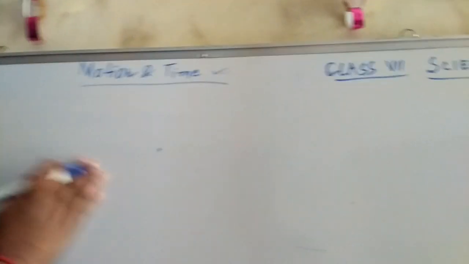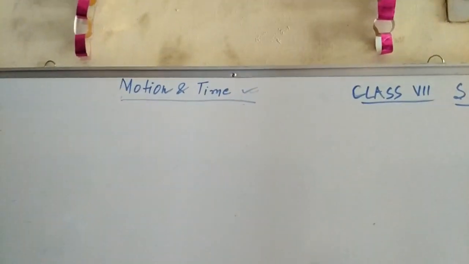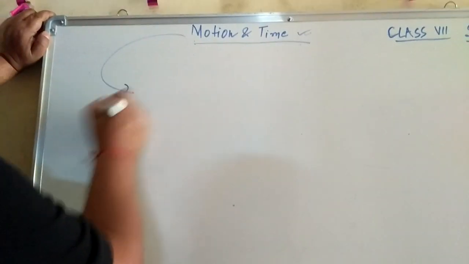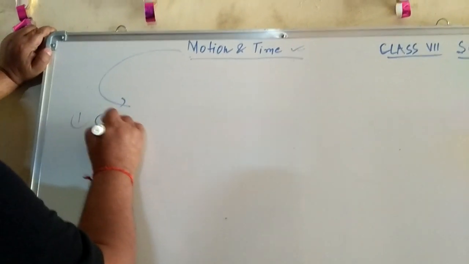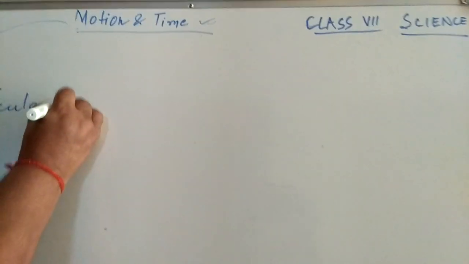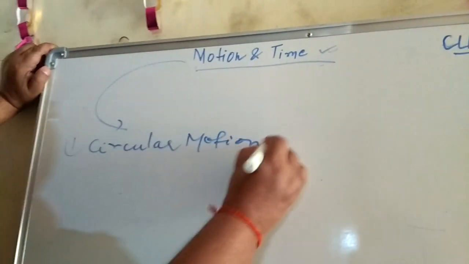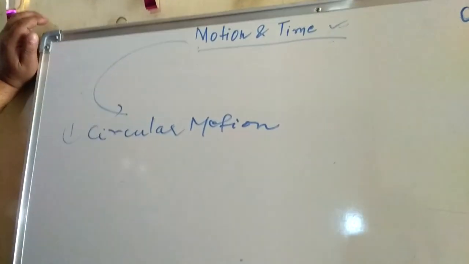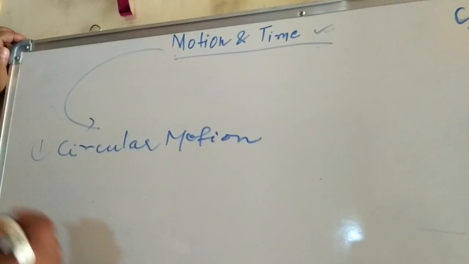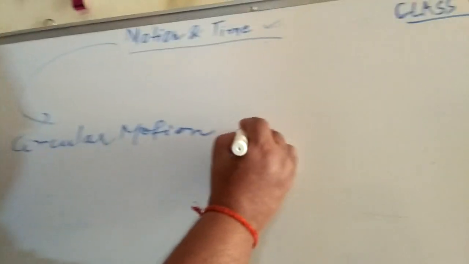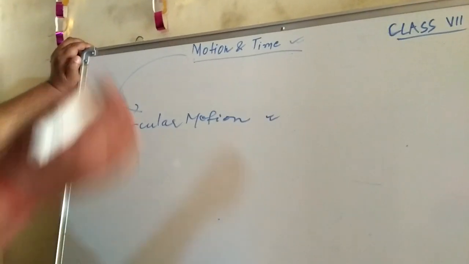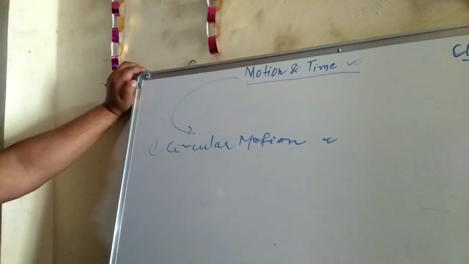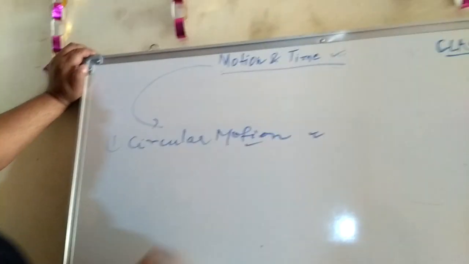But when we go into it, we see that motion has many types, like circular motion. A person moving on a swing does circular motion. The needle in a watch also does circular motion.